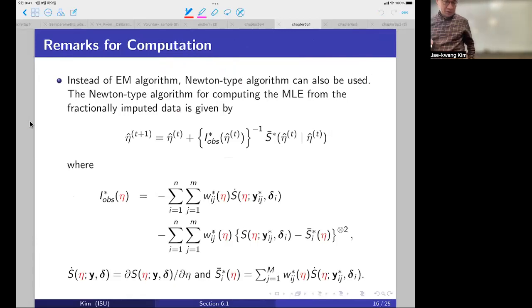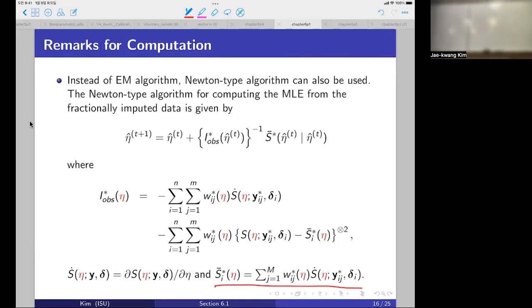It's because you can write it as a fractional weight. You express everything in terms of the fractional weight. So then this mean score function is essentially a weighted average of the imputed score function.